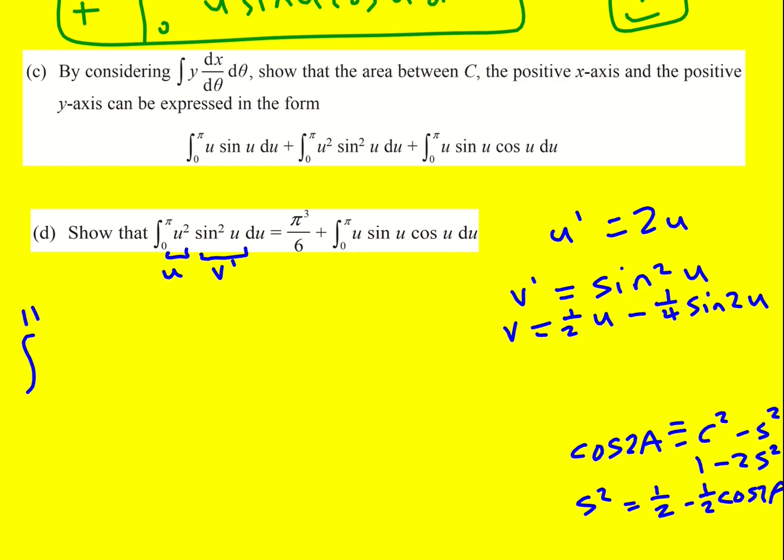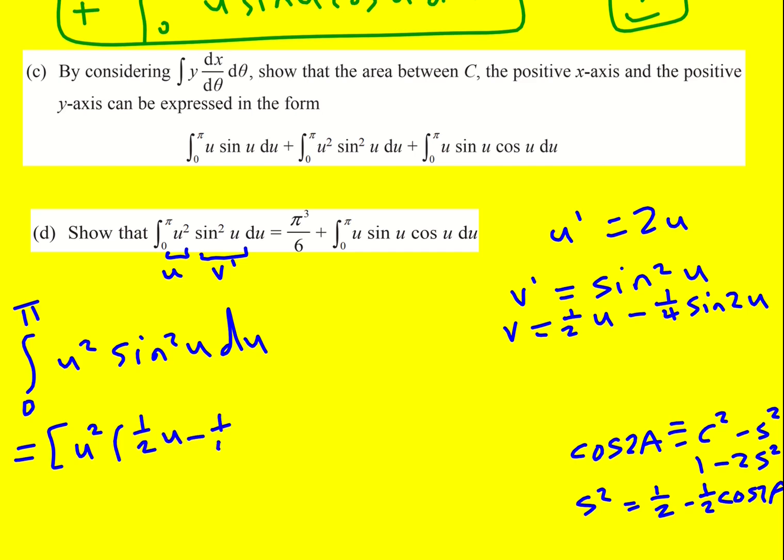So that means that this here is going to equal uv. So u squared times a half u minus a quarter sine 2u, evaluated between 0 and pi.